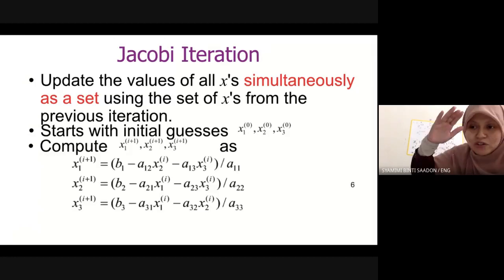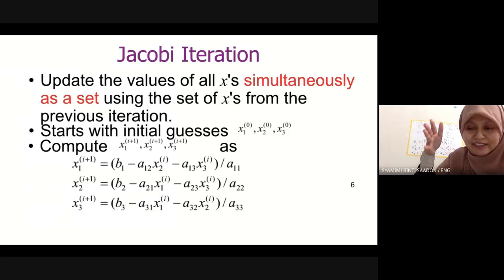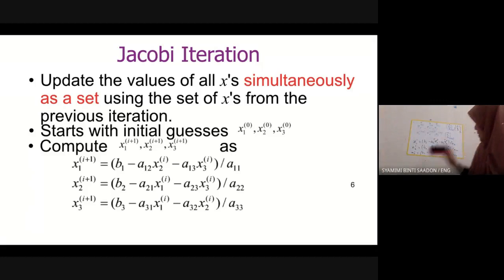For all I equals to 1, the first round, we still use all the initial values until Sn. And then the second round, second loop, I equals to 2, that's when we use all the sets of x that we found previously when I equals to 1.